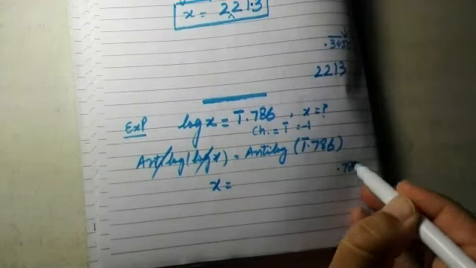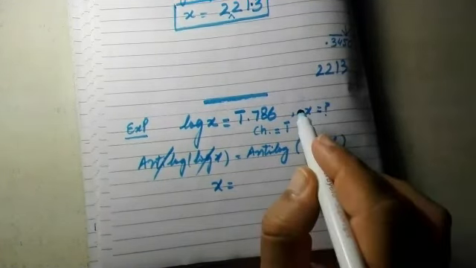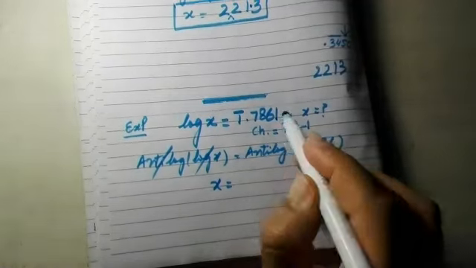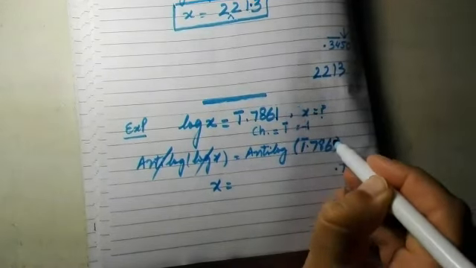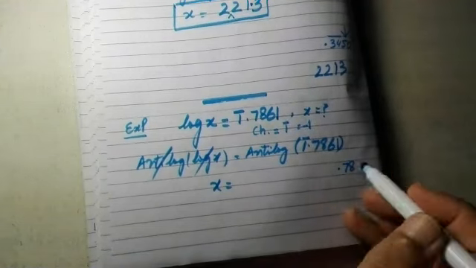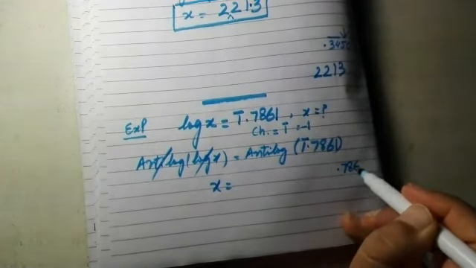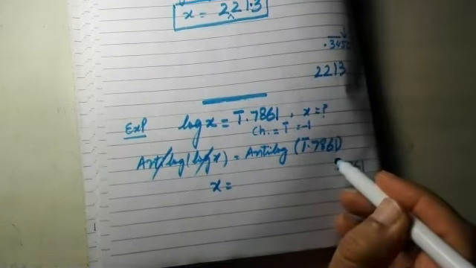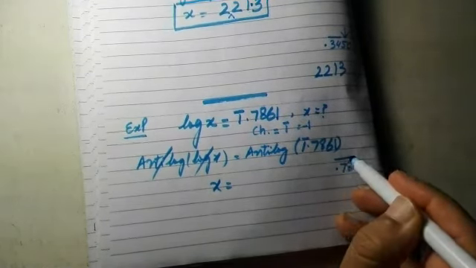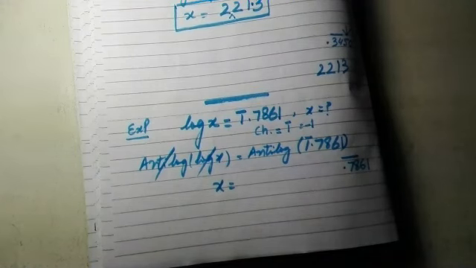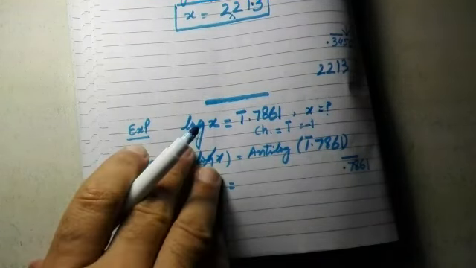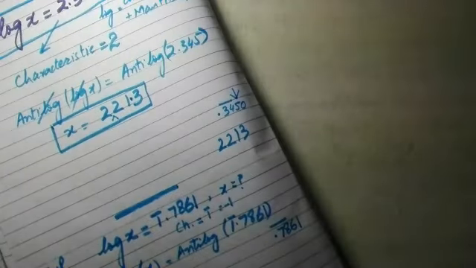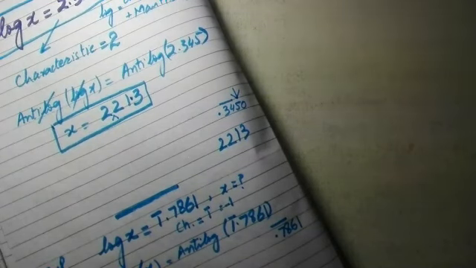Let's suppose I take one more digit just to make the example more efficient, 0.7861, in a separate portion like this, and we pair up 0.78, the first 2 digits, and we see the value from the anti-logarithm table.